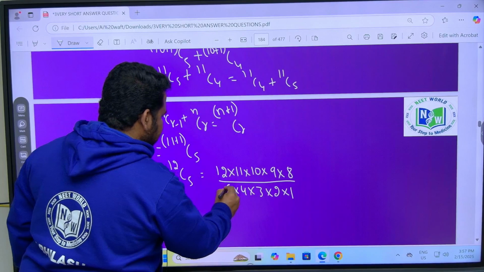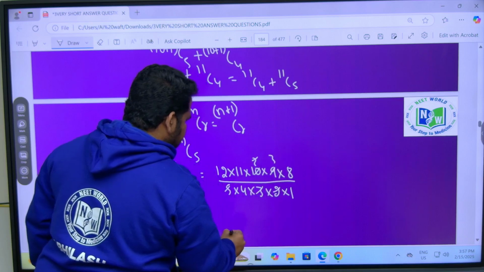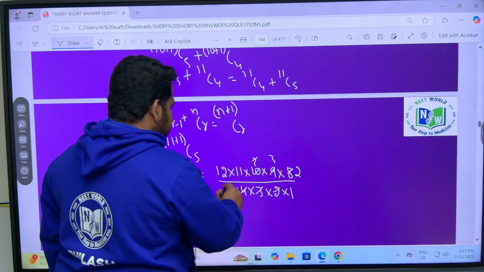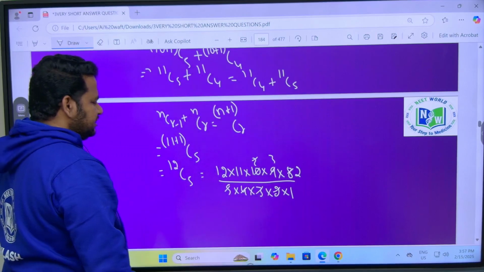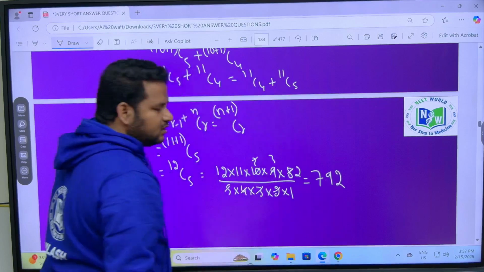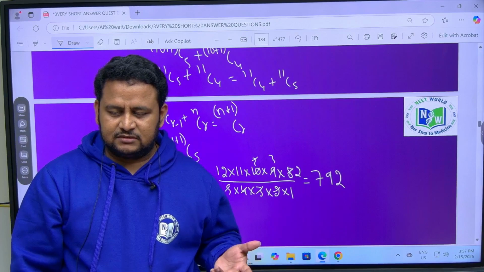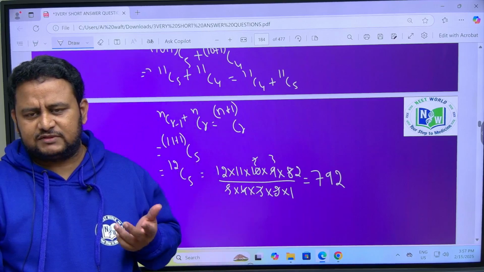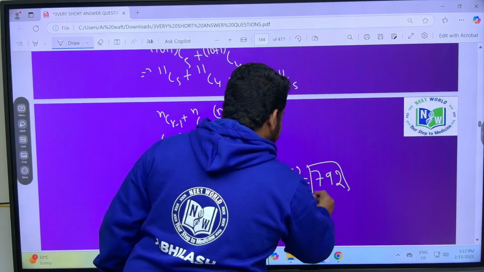If you calculate this, 5 into 2 cancels, 3 3s are 9, 4 1s are 4, 2 3s are 6, 6 11s are 66. 66 into 12 you get as 792. 66 into 10 is 660, and 66 into 2 is 132. 660 plus 132 is 792. That is, the answer is 792, friends.